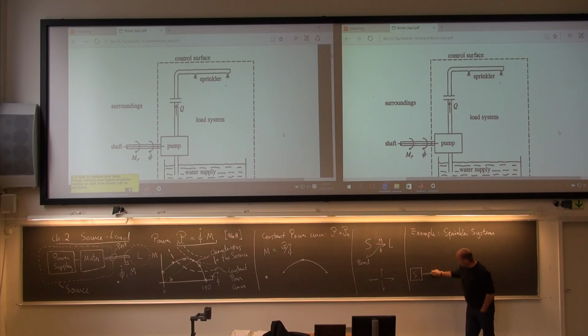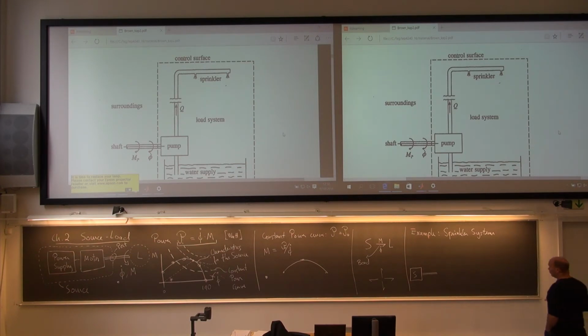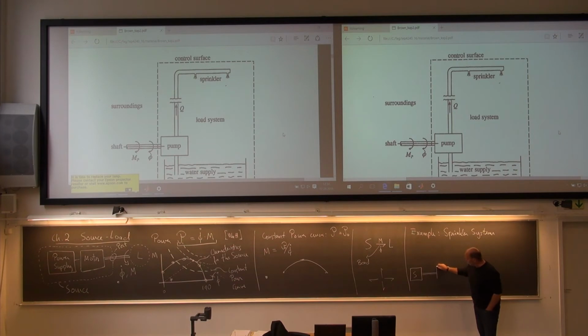and the rotational axis there, entering into the pump here.